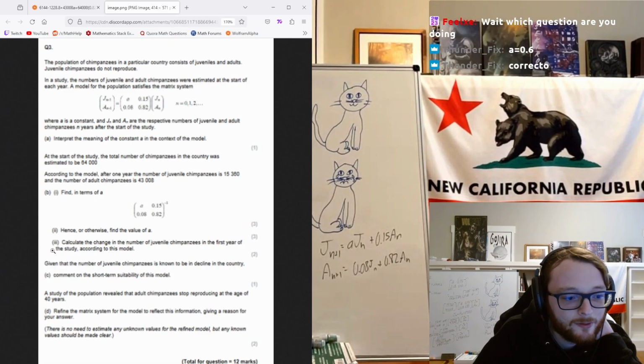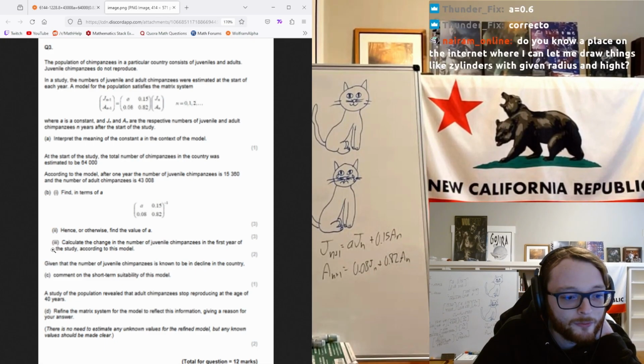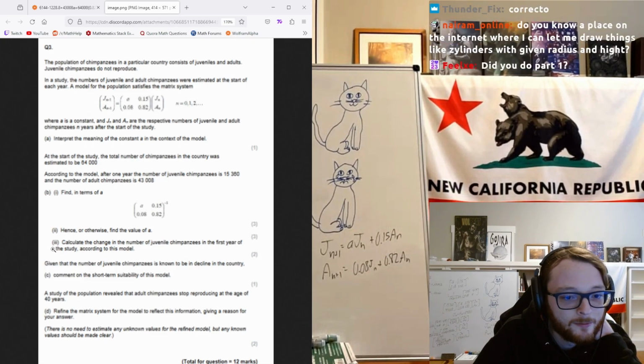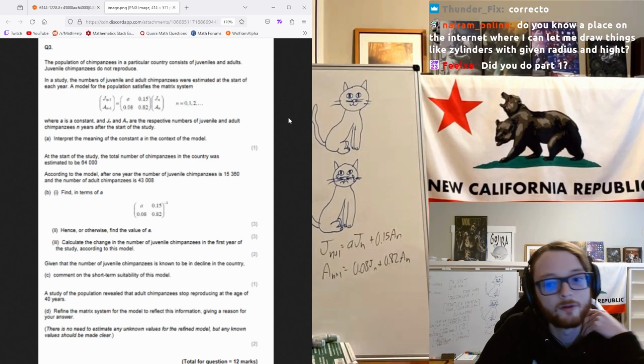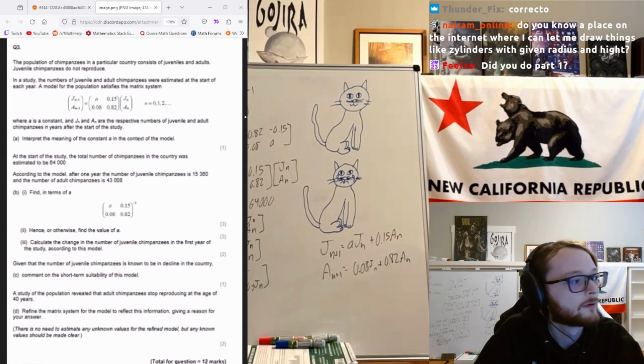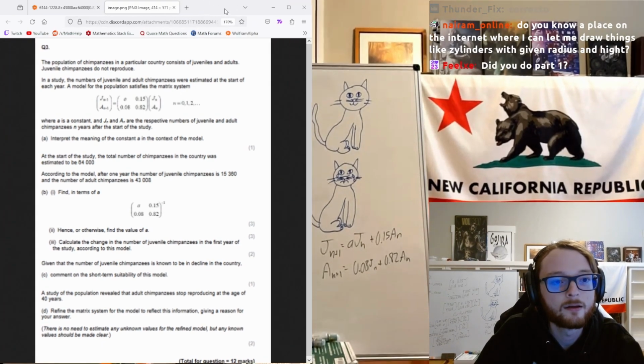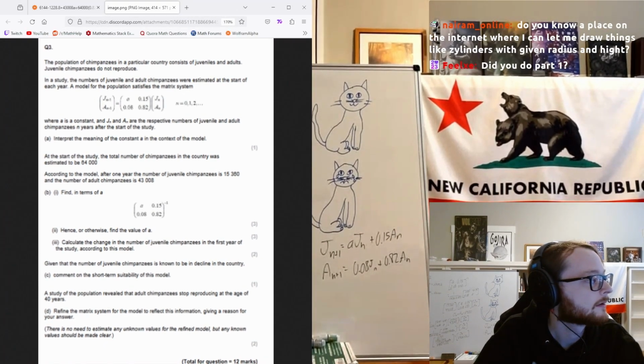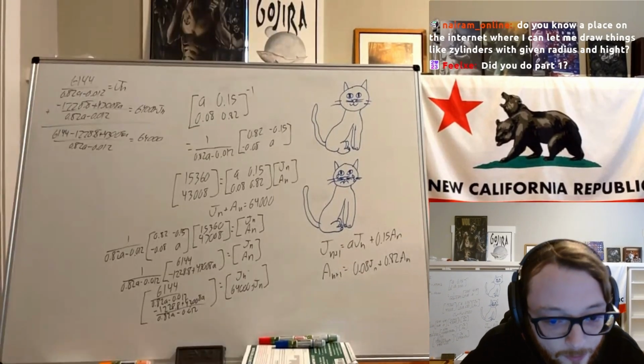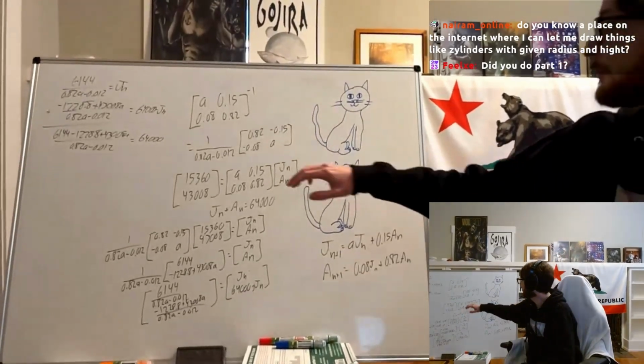It was in a minute that can let you draw things like cylinders with given radius and height. Yeah, Felix. Find in terms of A, the inverse of the matrix. My answer to that is right there.